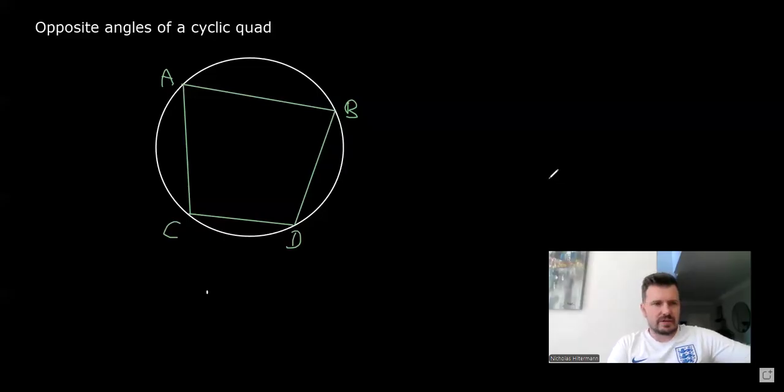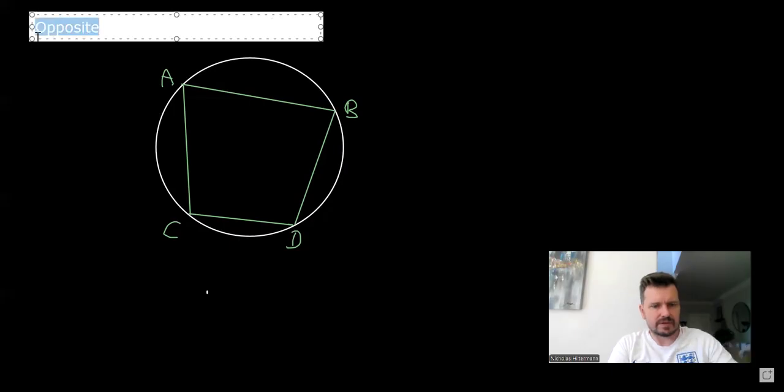Okay, so the next one is very similar to the opposite angles of a cyclic quad. This one is called the exterior angle of a cyclic quad. Now there is an important difference, and that is that obviously this changes to exterior.